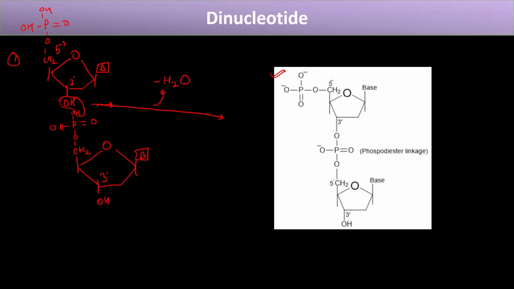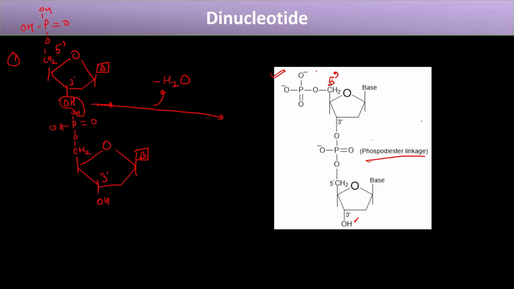We can see we have here the 5' end. This is your 5' end, and this is your 3' end. And the linkage that is formed is known as phosphodiester linkage.